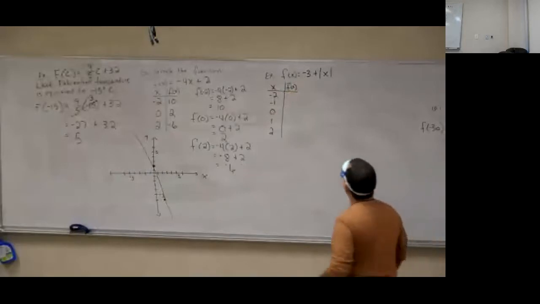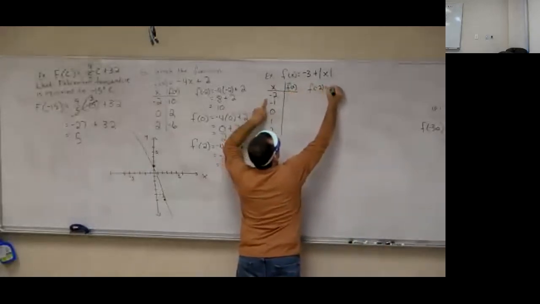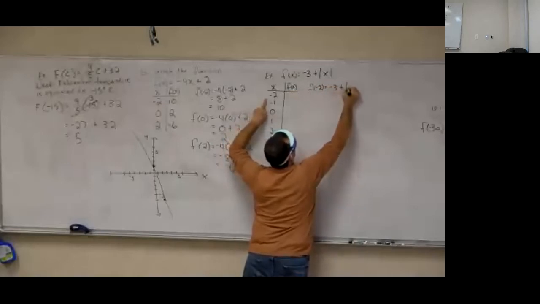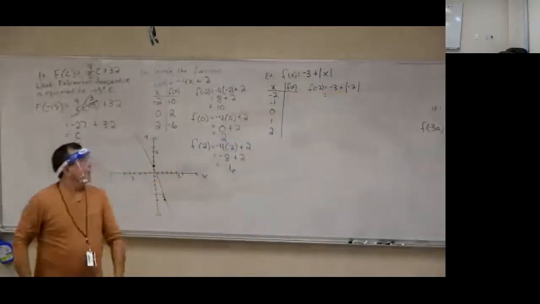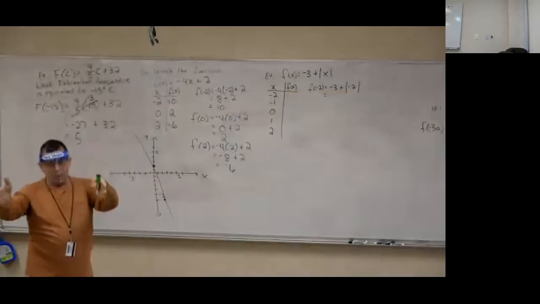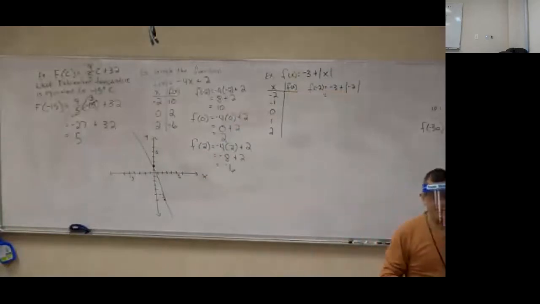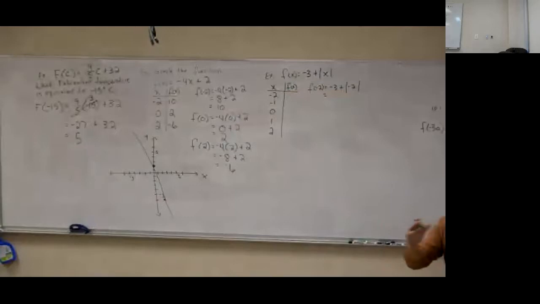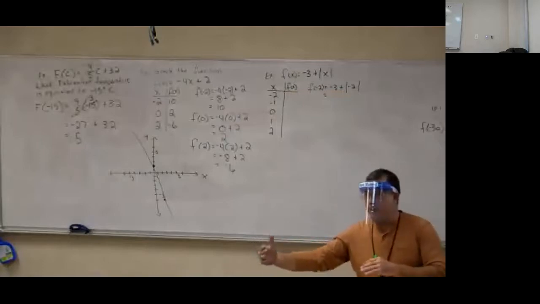So y'all, I'm going to start out doing f of negative 2. That's going to equal negative 3 plus absolute value of negative 2. Whatever's inside those absolute value lines, once I bring it out, it's going to be positive. So remember, they're just finding distance. 3 miles north is the same as 3 miles south.